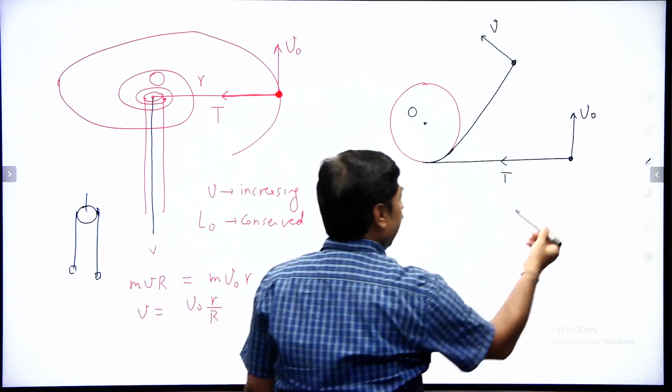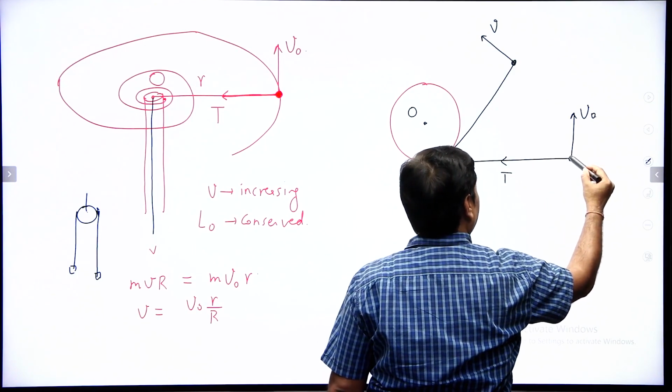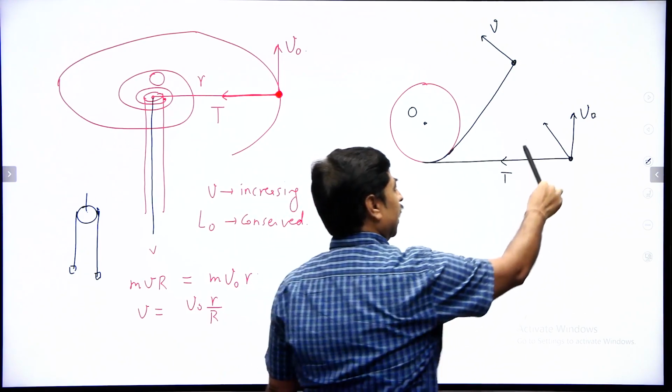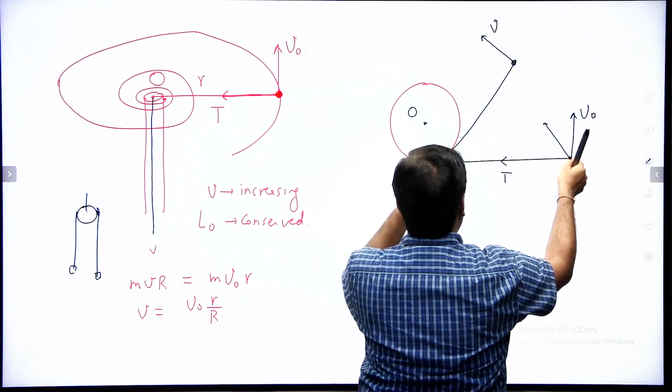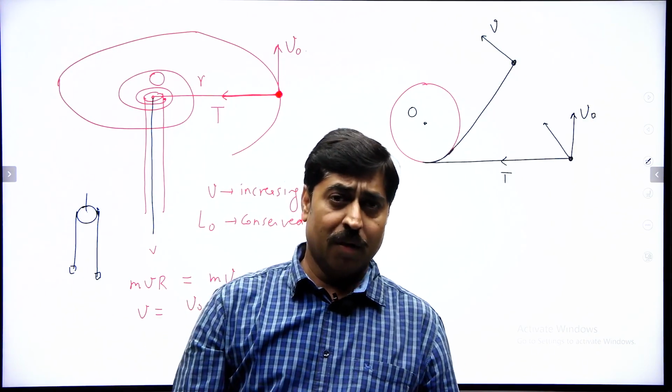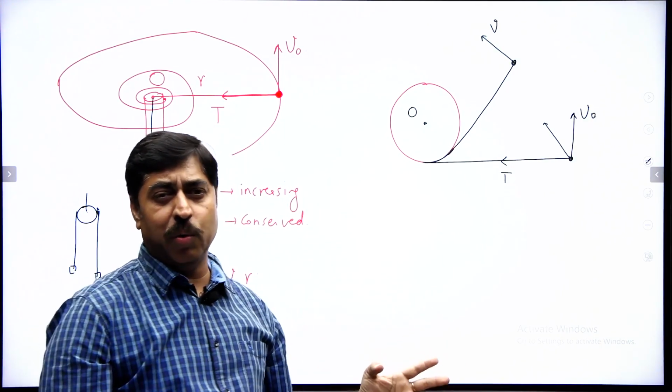If the particle is moving with a velocity in a direction somewhat like this, then velocity component is this way, which means this distance is decreasing, which means the string will get loose. So, we all know that a string is not going to get loose.